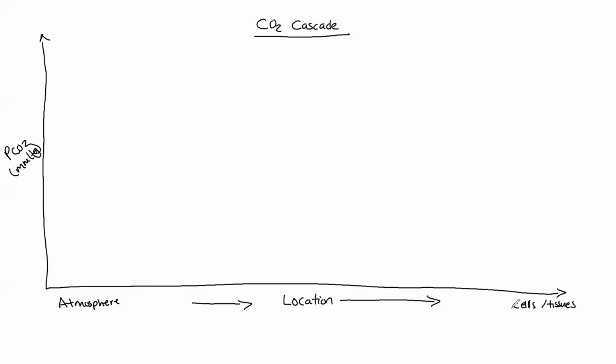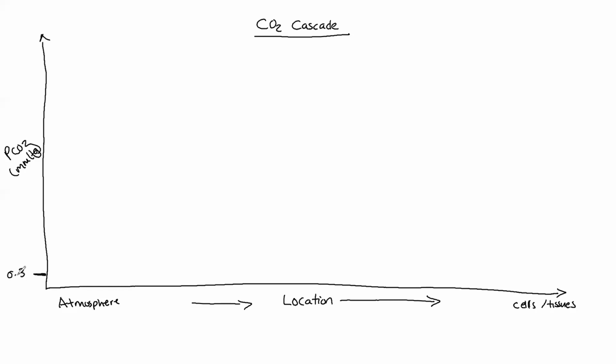Okay, so we're not going to the mitochondria because remember, CO2 is not made in the mitochondria, it's just made in the cell as a byproduct. And so that's the difference in the final location in terms of the direction of movement there. All right, so we're starting off all the way here at 0.3 millimeters of mercury.